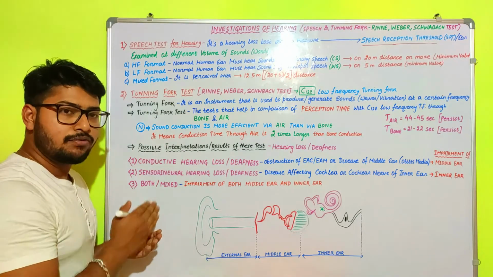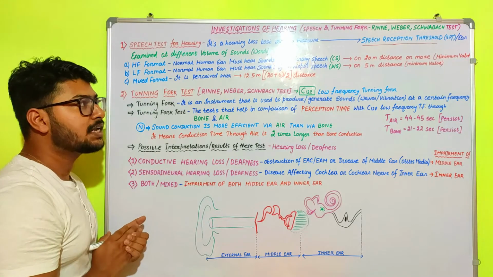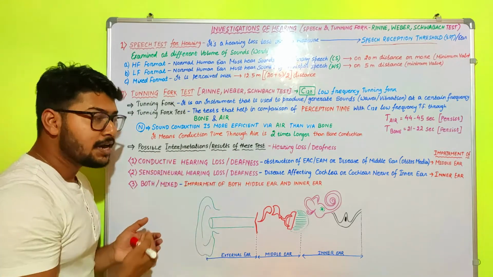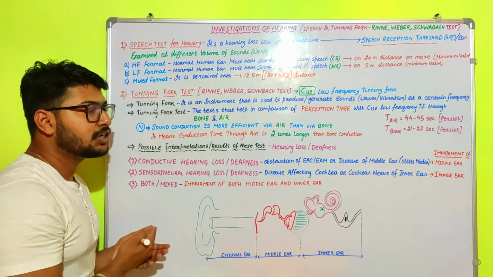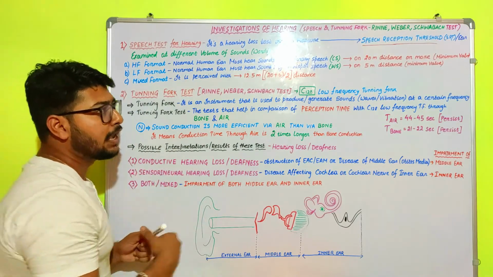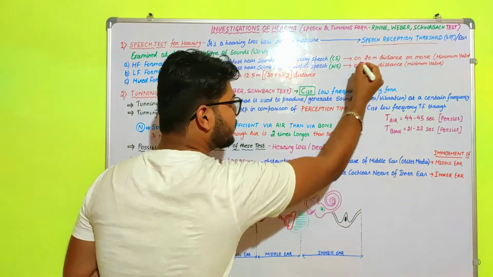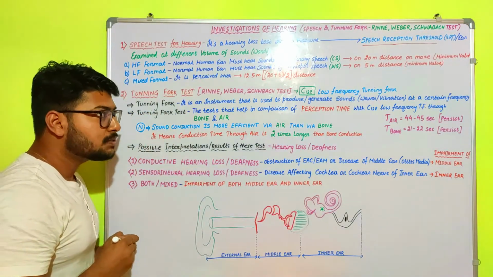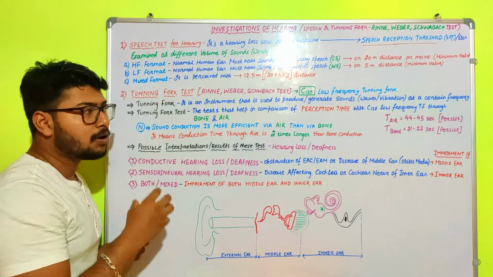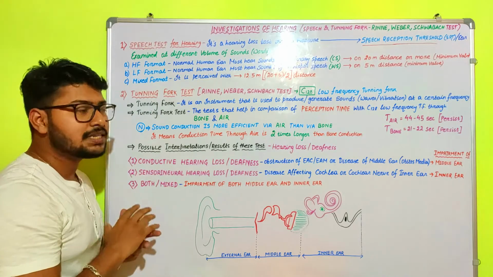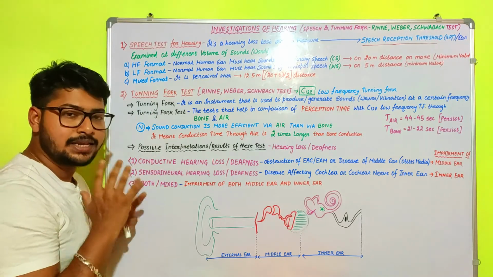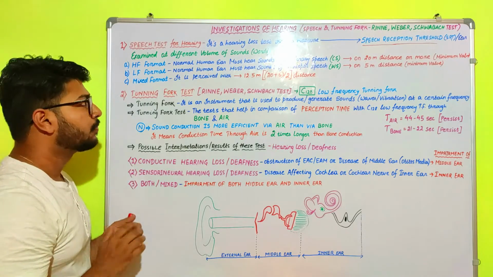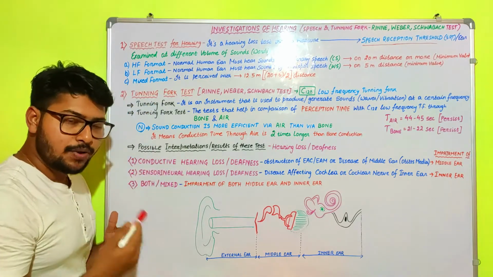But if the distance is less than 20 meters and we find that the patient is unable to hear ordinary speech, then we think the patient is having some kind of disability with his ear and hearing.